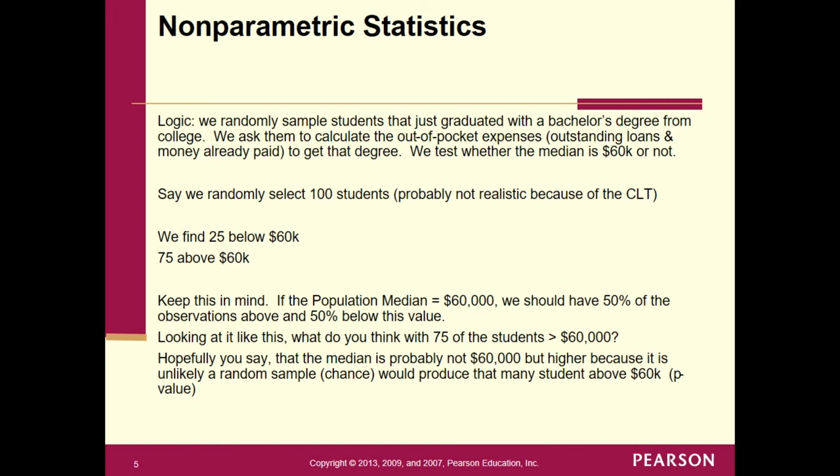So hopefully you say that the median is probably not 60,000, but higher because it's unlikely that we took a random sample and by chance we would produce that many students above 60,000. And if you thought that through, you're thinking in terms of statistics. Why? Because that's the p-value, all right?